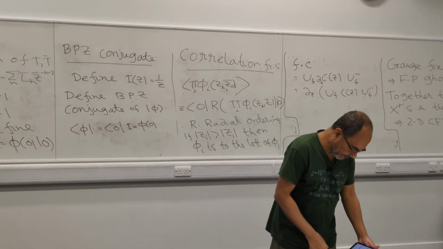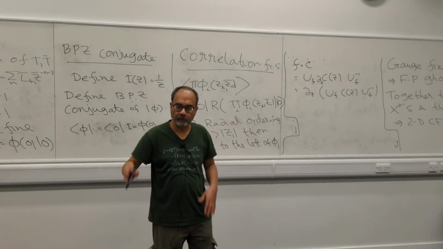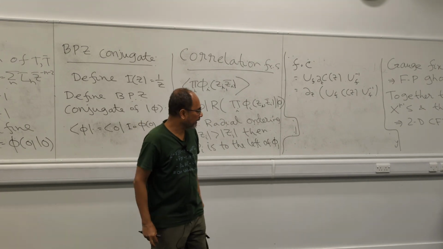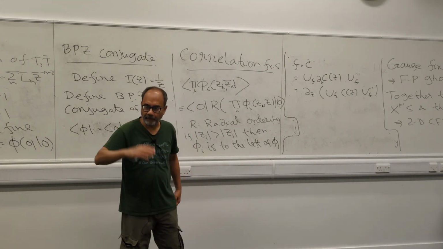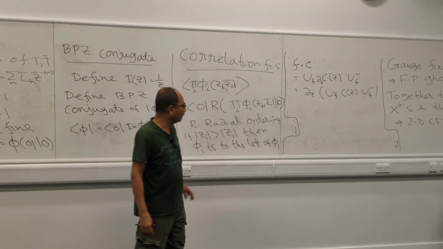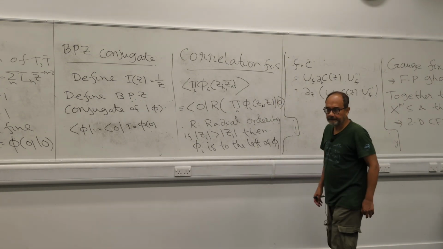It in fact does become the time ordering if we again use the exponential map. If we use z equal to e to the w, then radial ordering in z becomes ordering in the real part of w, which you can think of as a time. But for now we'll just take this as a definition of correlation function.